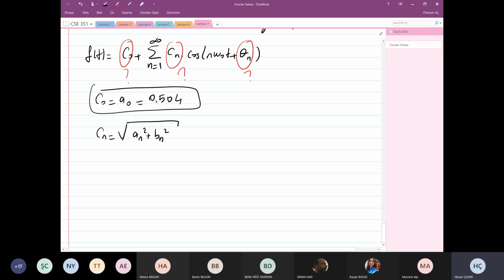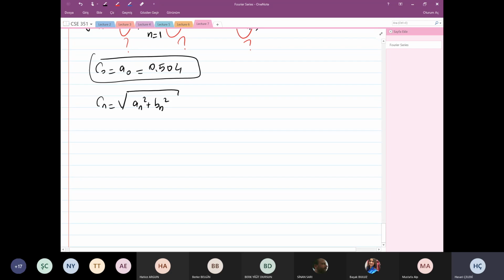And if you take the square of an and bn and add them up, the result is going to be 0.504 square root of 4 plus 1 plus 16n squared plus 64n squared over 1 plus 16n squared.